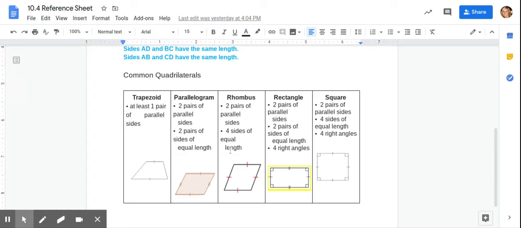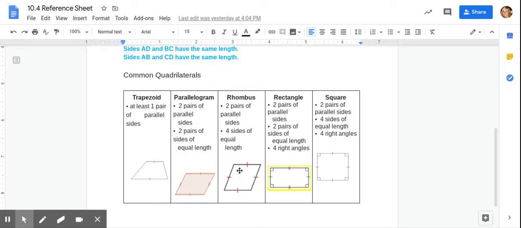A rhombus has two pairs of parallel sides and four sides of equal length. Oh, I'm sorry, I messed up on this one. It's two pairs of sides of equal length. So this is a pair that has equal lengths, and then this is a pair that has equal lengths, because you can see the tick marks. This has one, and that one has two and two.